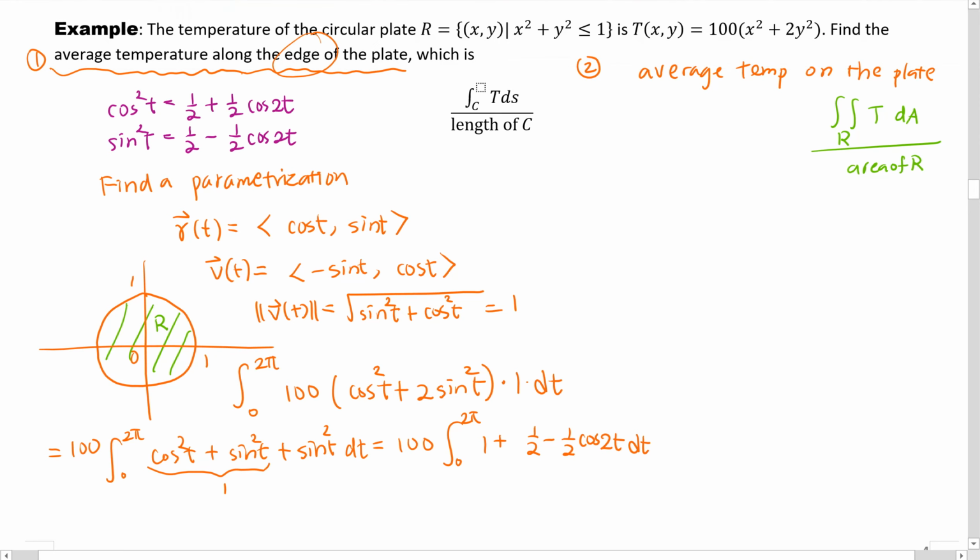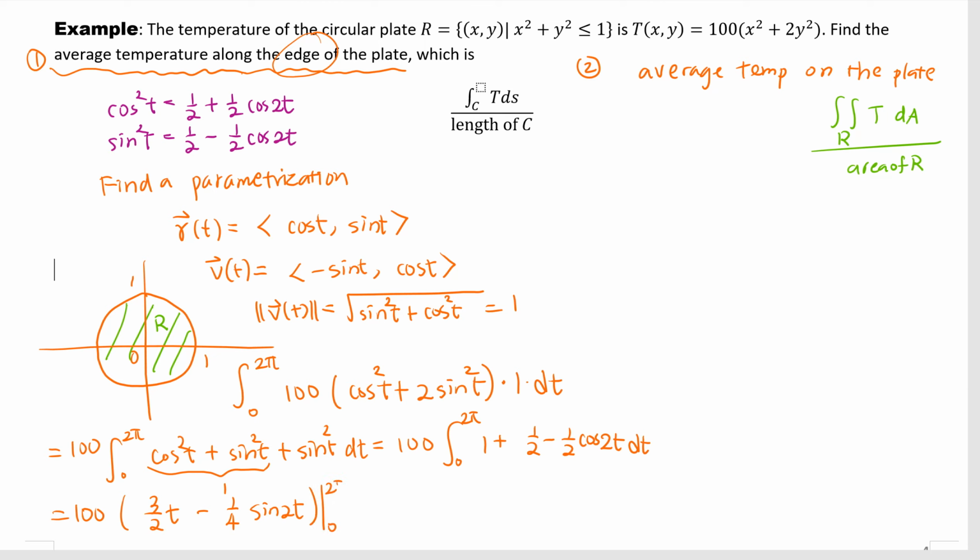So we get 100, and then 1 plus 1/2 is 3/2. We integrate 3/2 and get 3/2 t, and then the integral of cosine is sine 2t, but because of the u substitution we divide it by 2, right? 1/2 divided by 2 is 1/4.